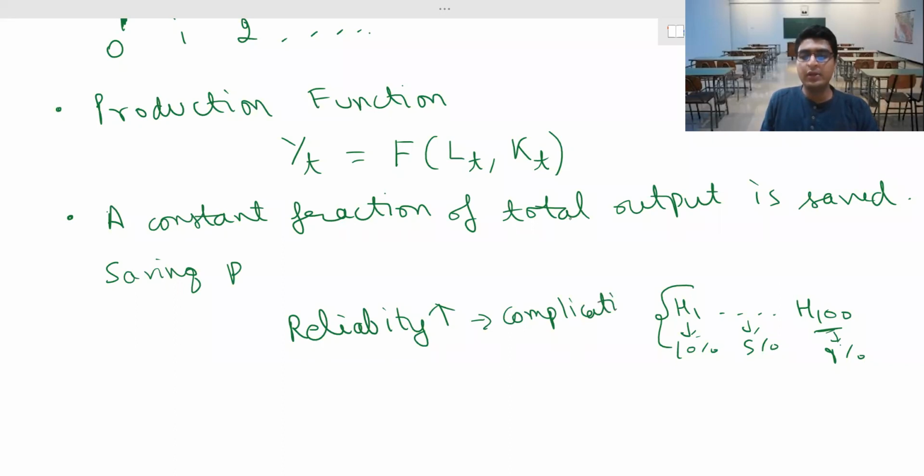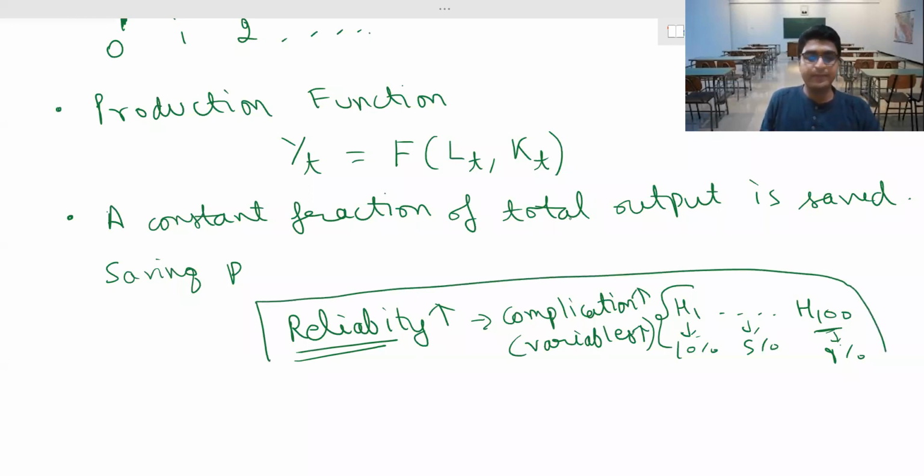Okay, when you increase the reliability of the model, when you make it more and more practical, it will increase the complication because the number of variables also increases. Okay, so if you want to avoid that complication, then you'll have to compromise at some level. Okay, so just keep that in your mind.